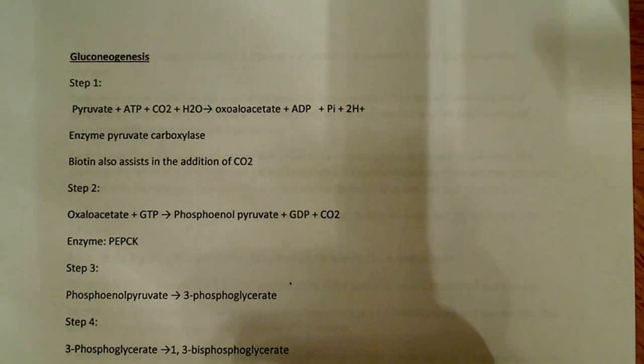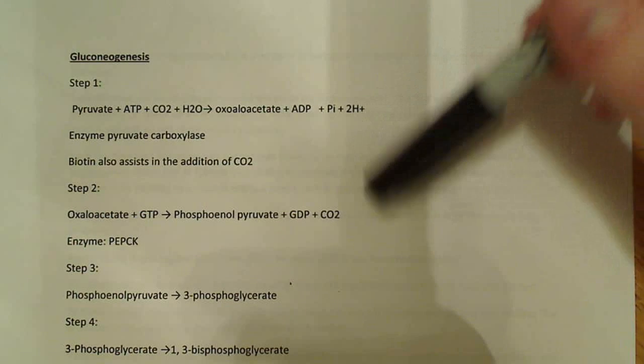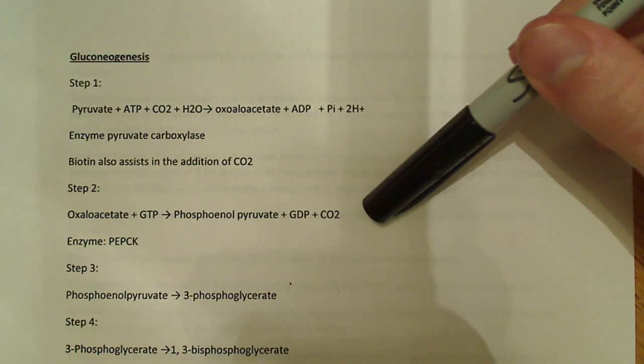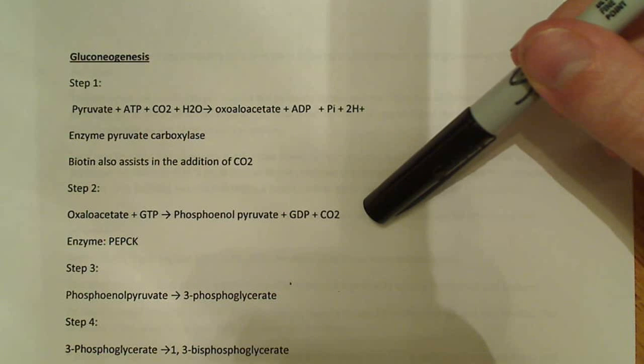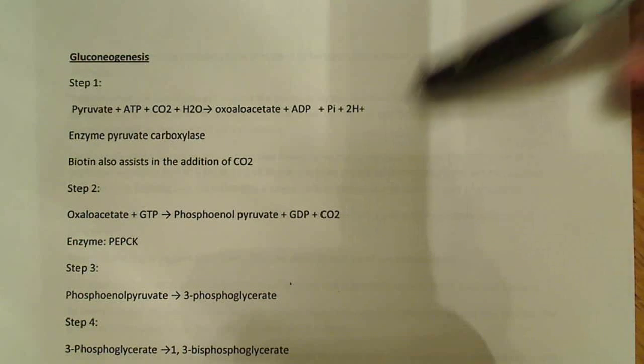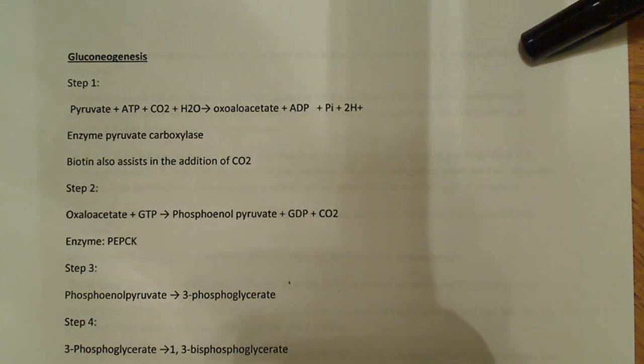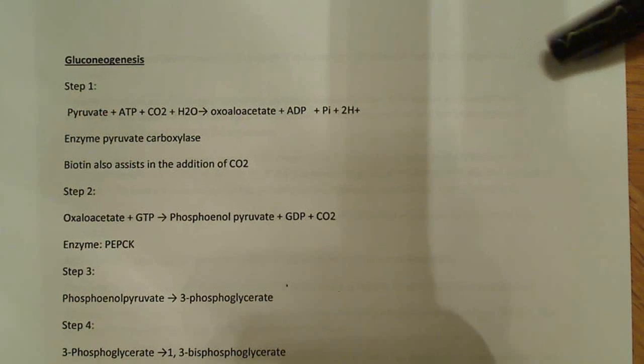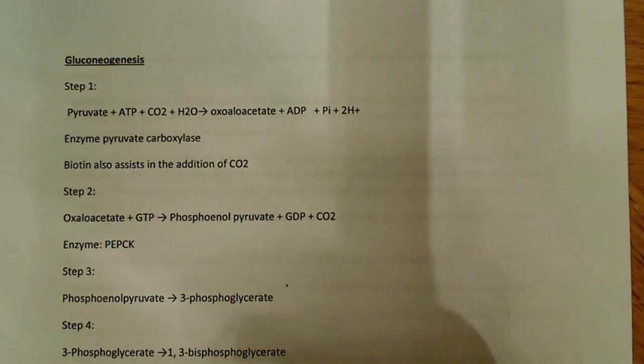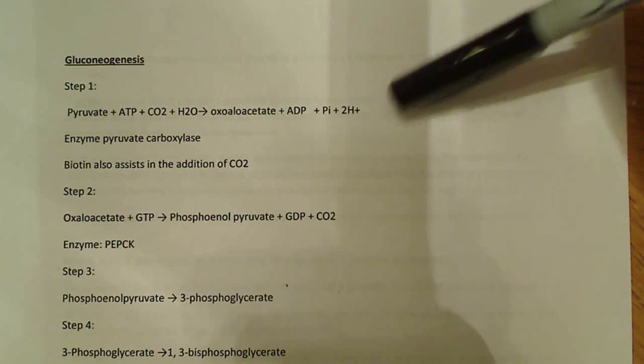So the first thing I want to point out is that steps 1 and 2 here in gluconeogenesis are simply steps that are needed to overcome step 10, which was catalyzed by pyruvate kinase in glycolysis. If you recall, it was phosphoenolpyruvate to pyruvate, phosphorylating ADP. But look at what has to happen here.